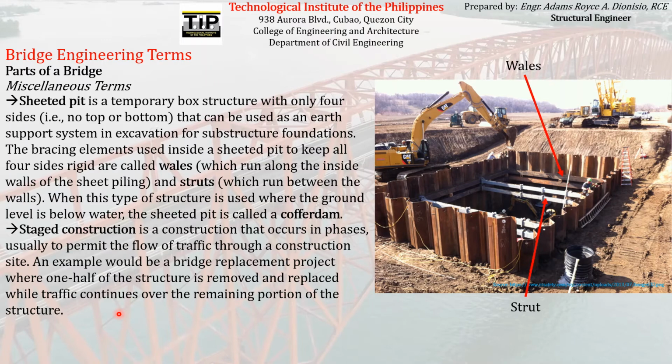One noticeable example of stage construction is whenever our local public works agency fixes our roads. As you notice, whenever they fix our roads, they usually don't do it on the whole road.